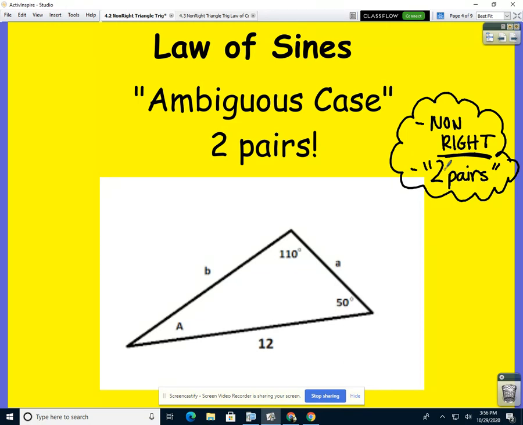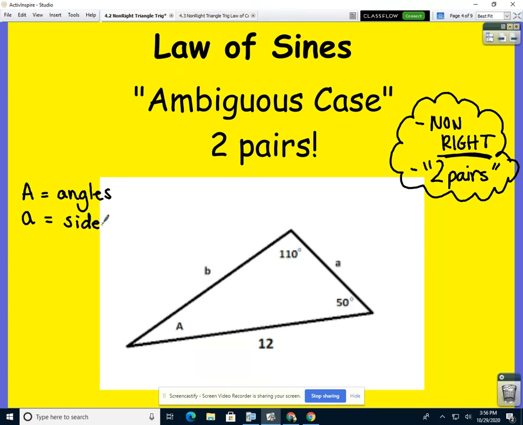The way that I remember to use law of sines is what I would call the ambiguous case, or the two-pair rule, two pairs. So first thing that you got to know is that any capital letter stands for angles, and any lowercase letter stands for side measurements, right? So just know that.